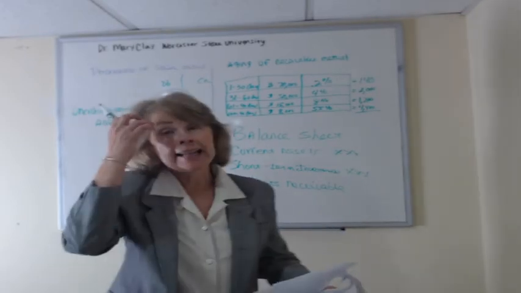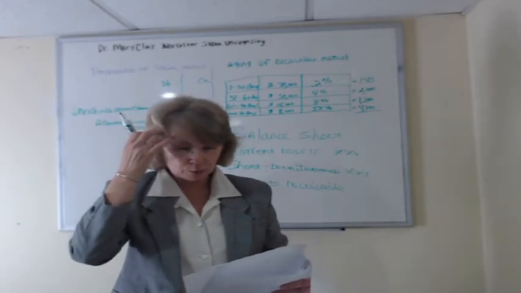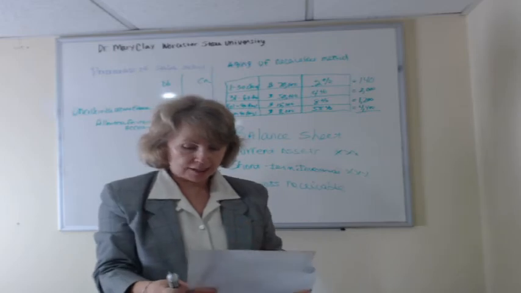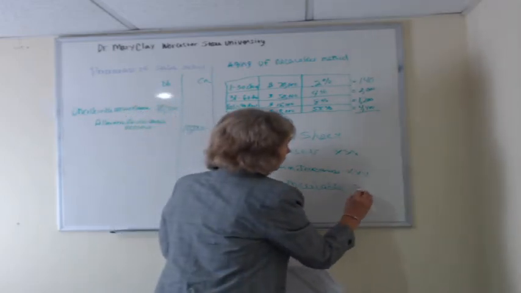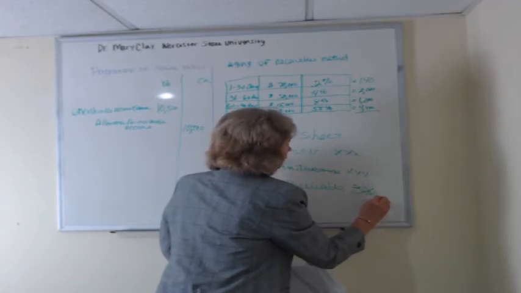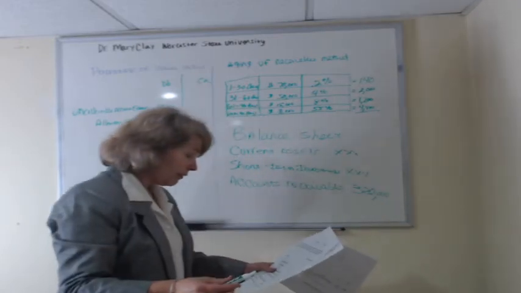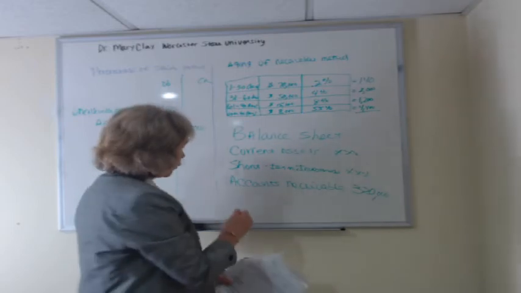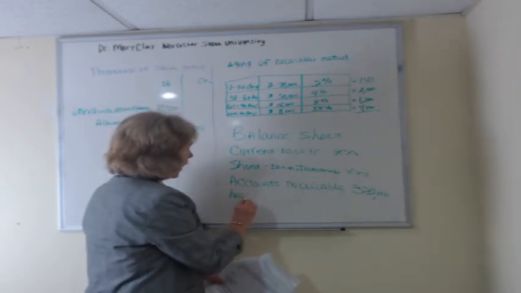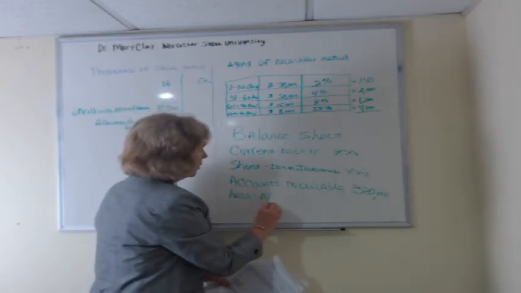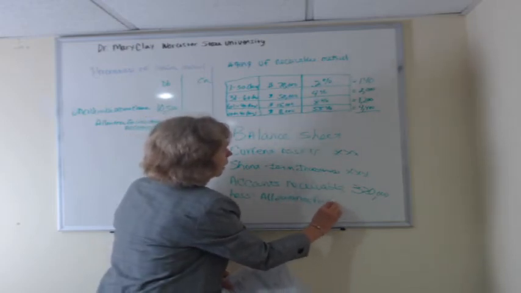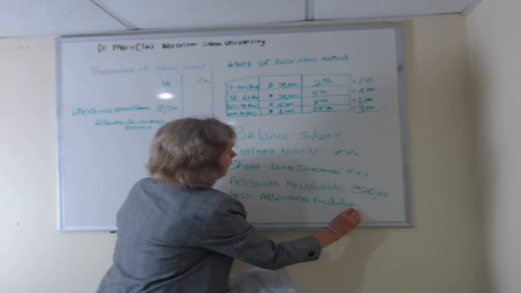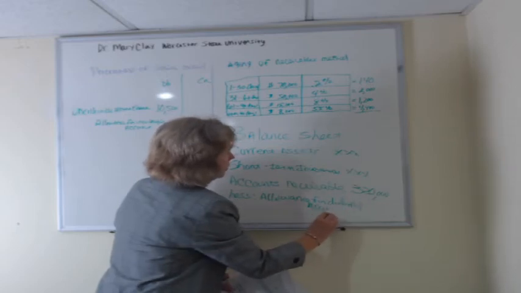You could net it, so you could take the original amount of accounts receivable, which was $320,000, and then right beneath it, you are going to show the contra asset, which is allowance for doubtful accounts.